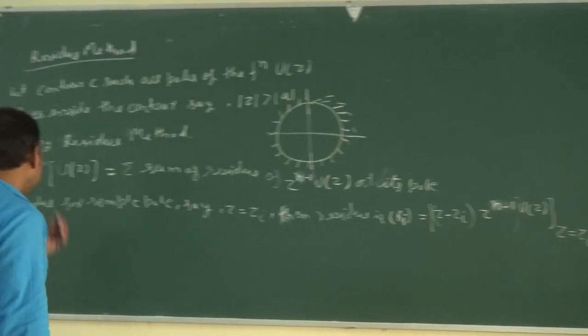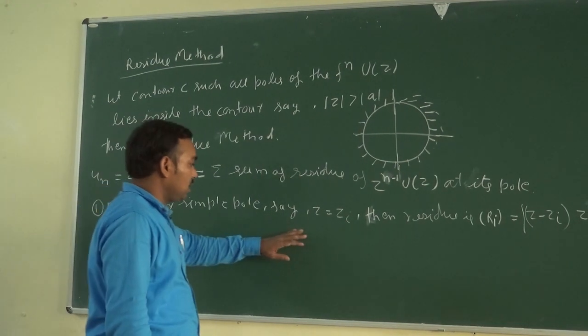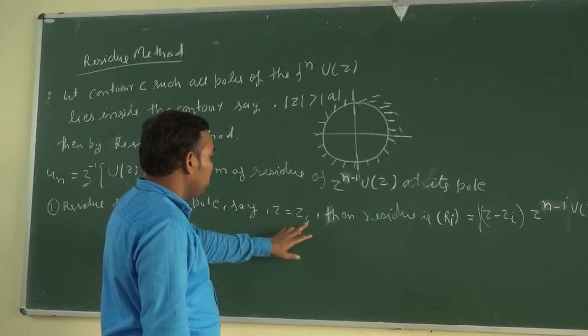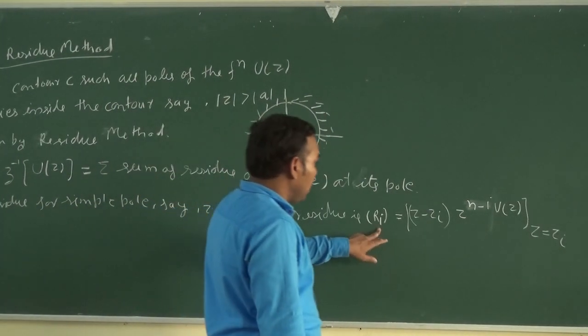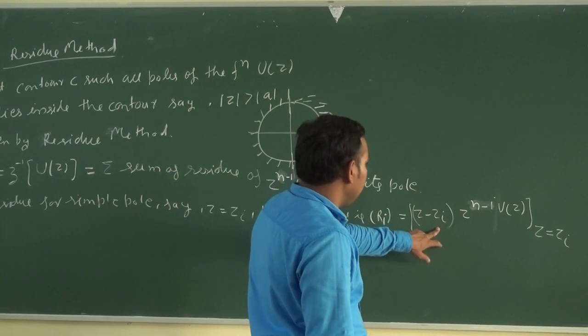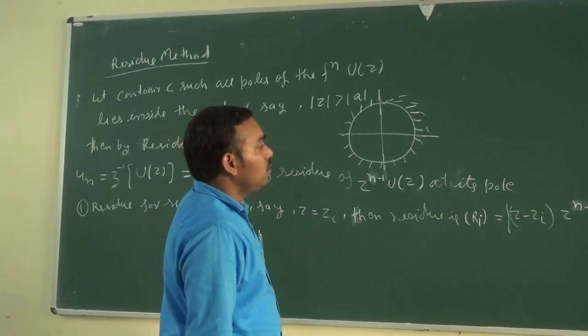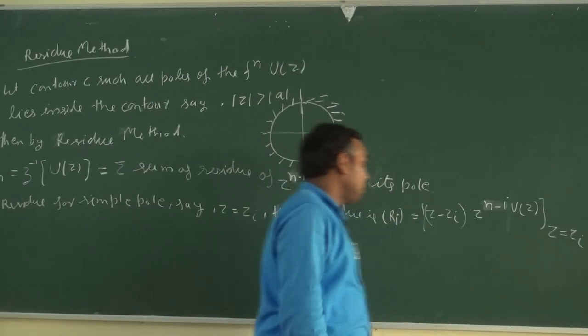Means we can say here the residue for a simple pole, that is degree 1. Say Z is equal to Zi is a simple pole, then the residue is Ri, (Z minus Zi) Z to the power n minus 1 U of Z at Z is equal to Zi.